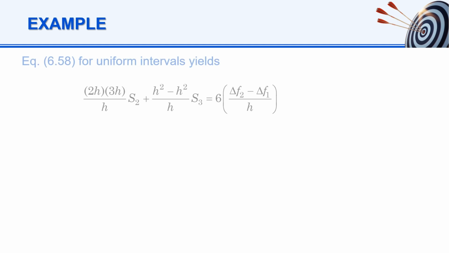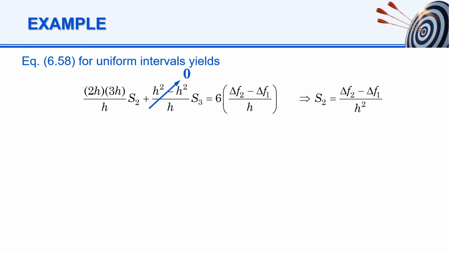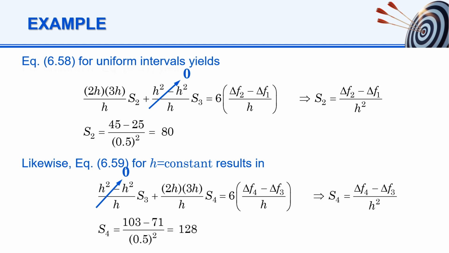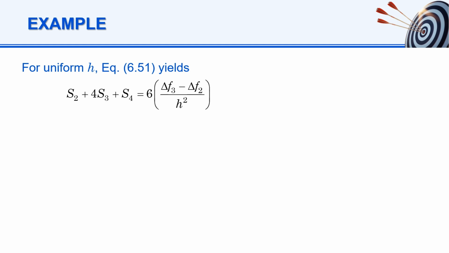Equation 6.58 for uniform intervals yields. Likewise, equation 6.59 results in. For uniform H, equation 6.51, which gives the relationship between the curvatures of 3 consecutive knots, yields for S3.